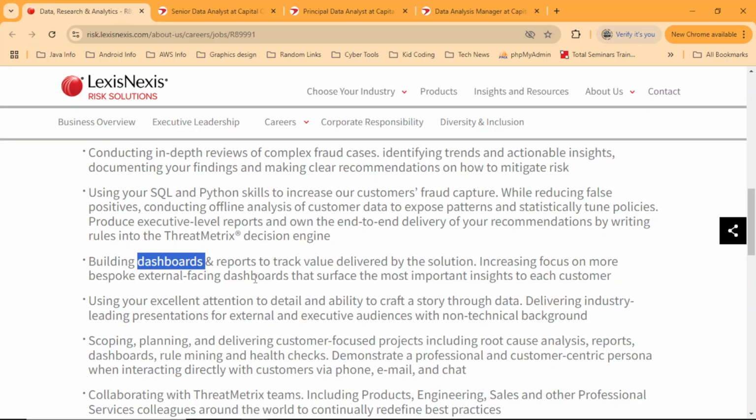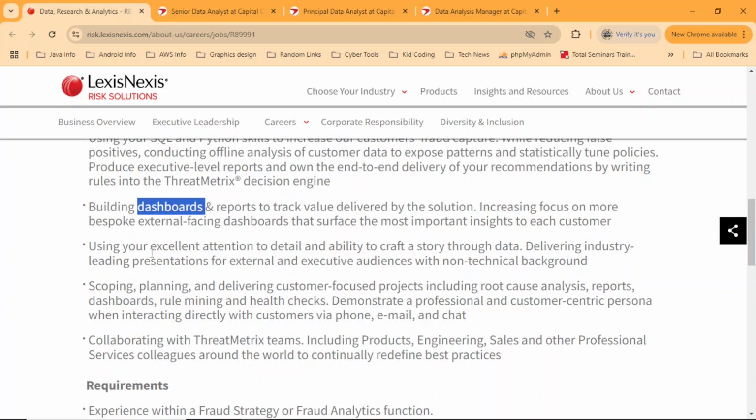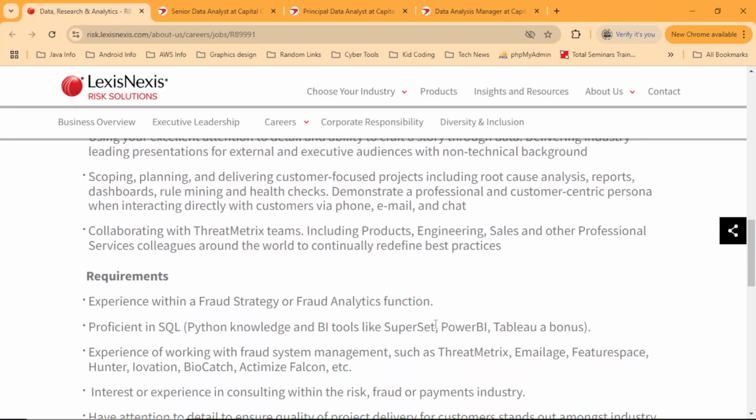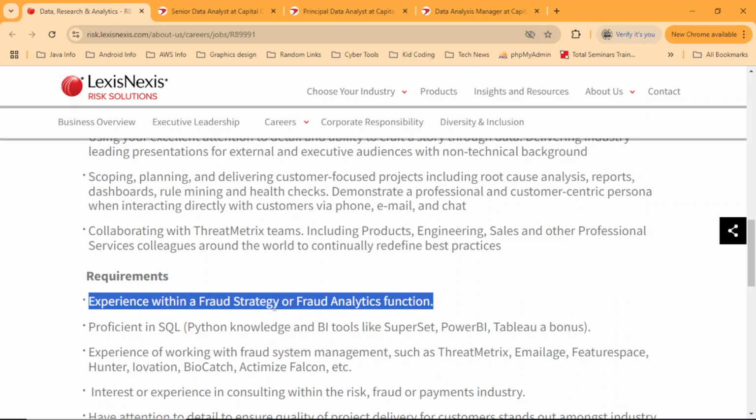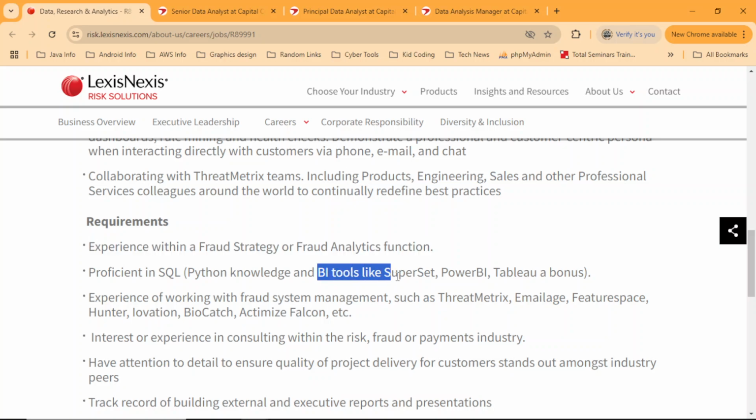So for dashboard, I don't think they tell you here what type of tools they use, but you'll have dashboards, and it goes into other things like proficiency or professionalism. Then here go some requirements. Again, domain knowledge, fraud, SQL, Python. Here it is, BI tools like Superset.